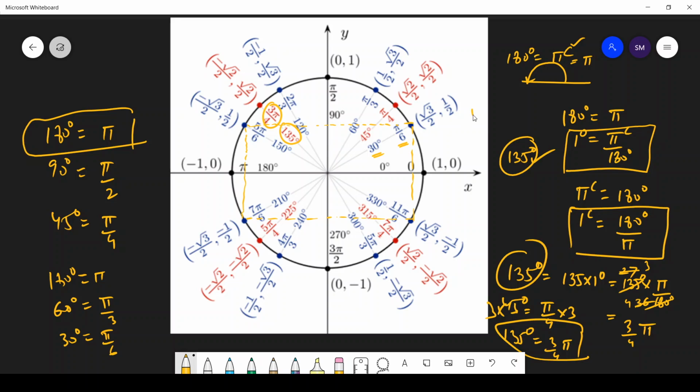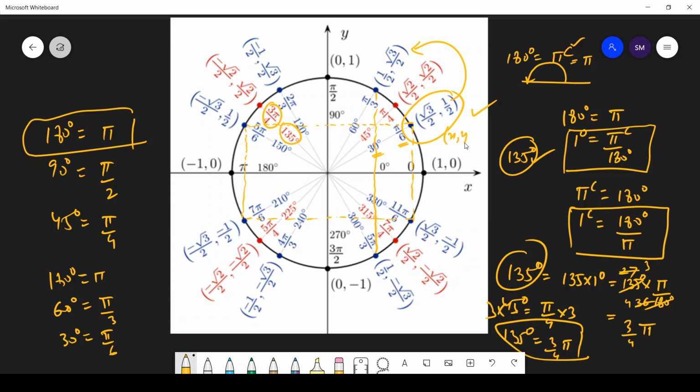The main thing is that you should be able to draw this circle with the values. These values we have also plotted here.